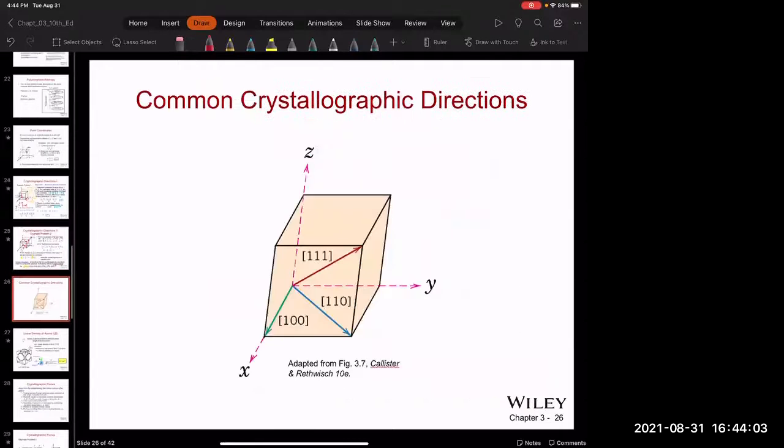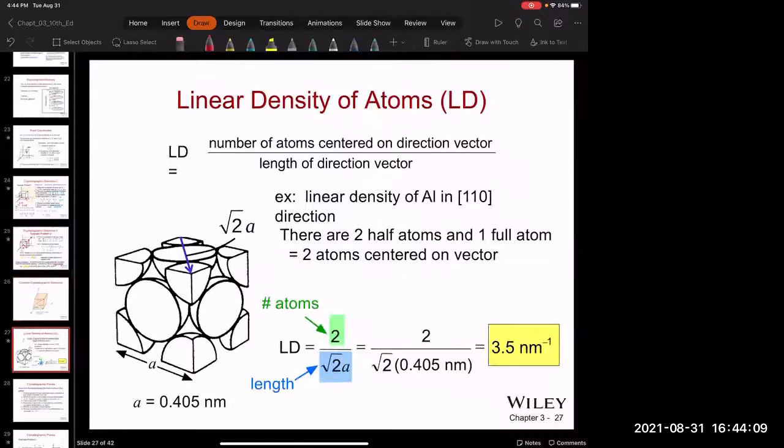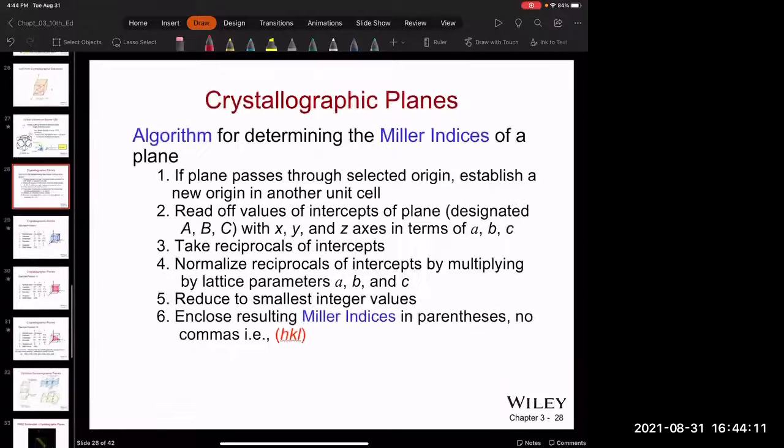On top of that, we're going to add another thing, which is the plane. So I'm going to change this one to the plane. The Miller indices also define a plane. When you define a plane, we run out of symbols, so now we use the parenthesis. The parenthesis represents a plane.